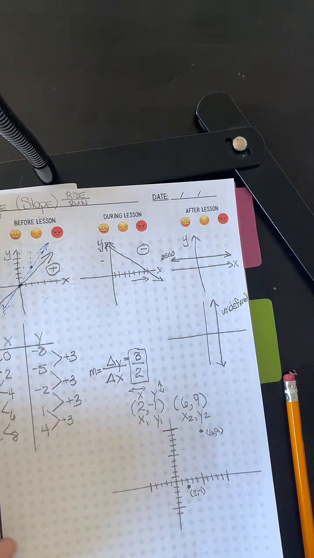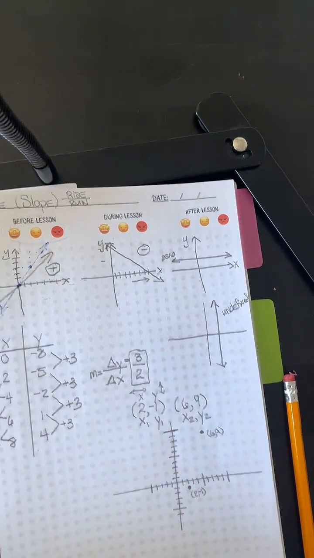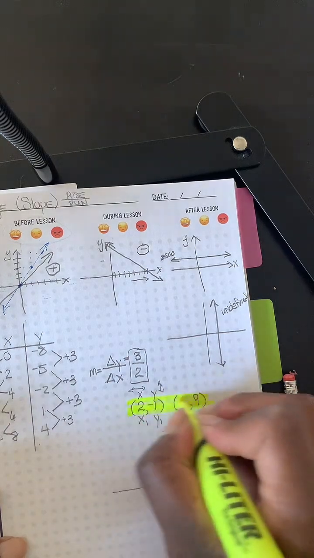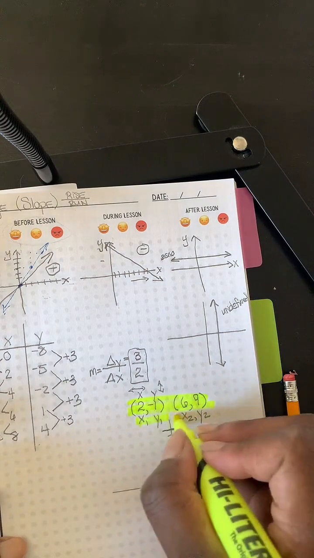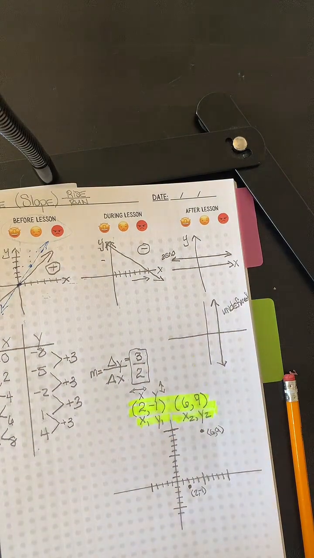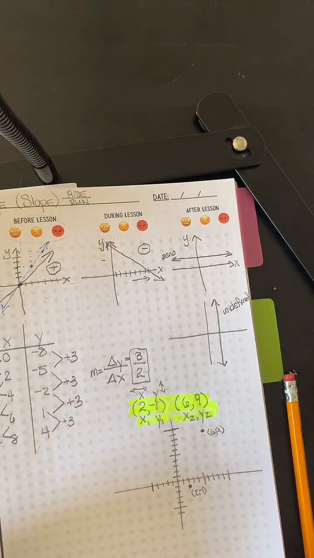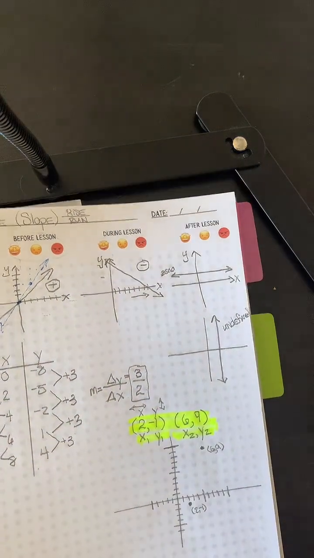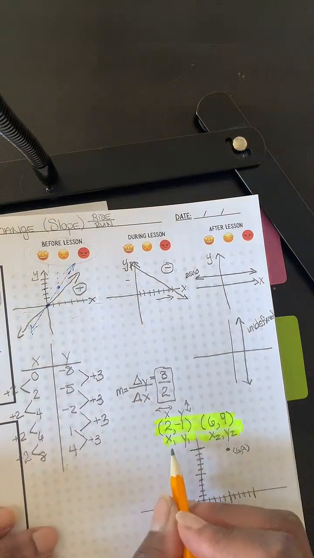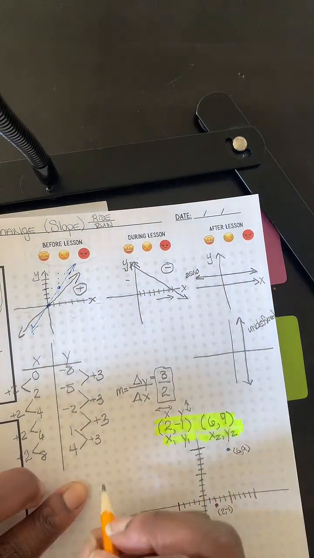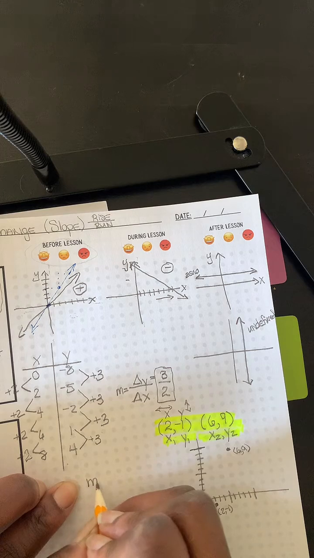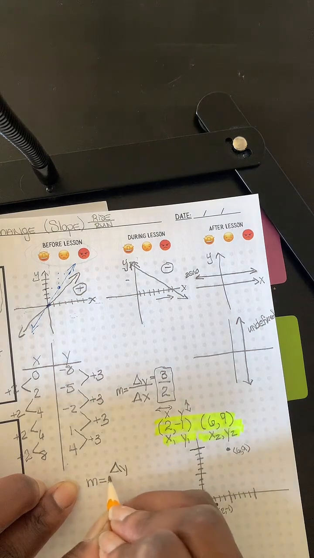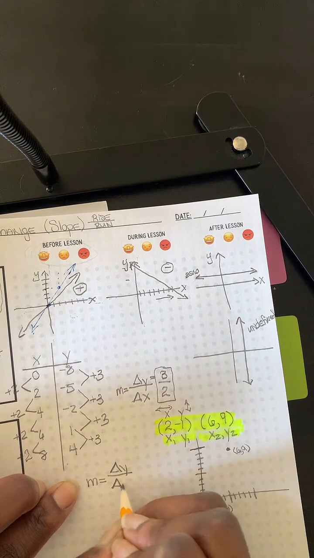Let's see if I can get my highlighter out here. I want to take these coordinates, and these are going to be the x's and the y's. Now I'm going to use the formula: m is equal to the change of y over the change of x.